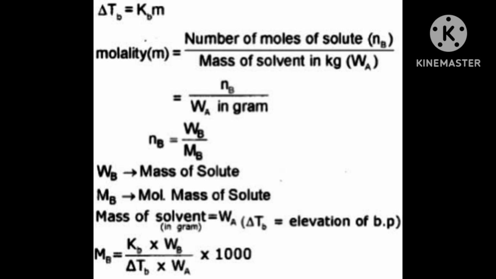Generally, the molecular mass of the solute is asked, because if you come to know the molecular mass of the solute, you can understand which type of compound it was, because molecular mass is fixed for any compound. Hence you can get an idea. This is the important expression I have told you.